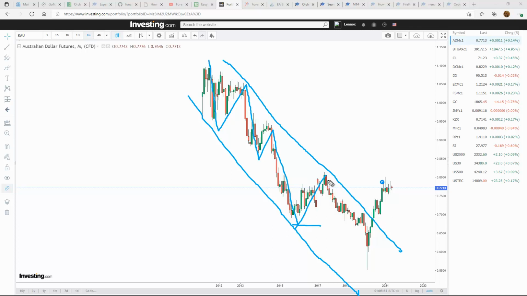This movement alone took over 2 years to transpire, and it's been moving in that trend all that time. Now we've pushed up and out, and right now we're inside of an area where we're kind of just going sideways.